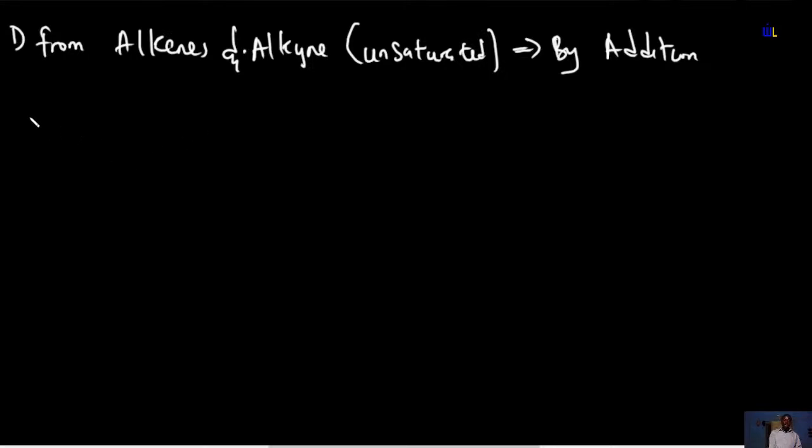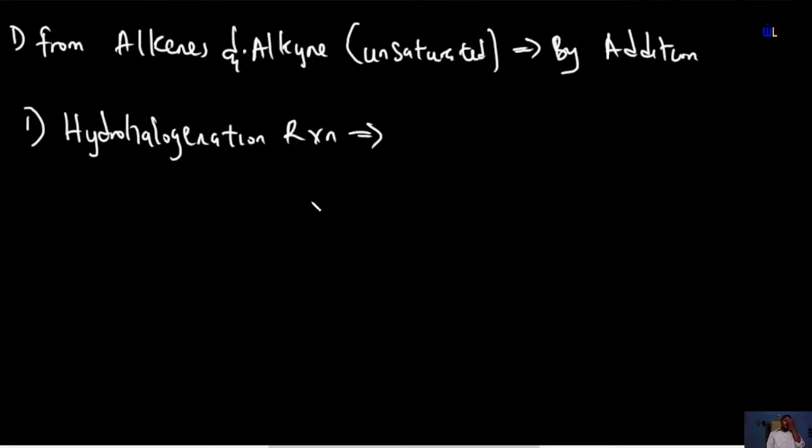The very first one I would like to talk about is what we refer to as hydrohalogenation reaction. When you say hydrohalogenation, it involves the addition of a hydrogen halide.